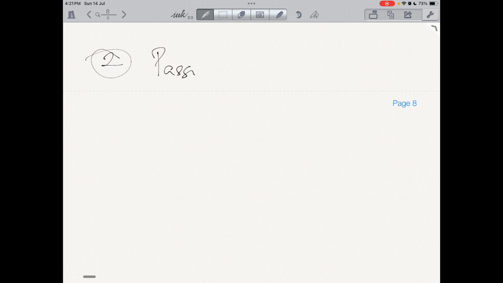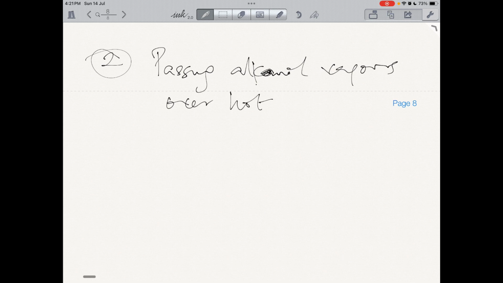Another way of obtaining ether, number two, is by passing alcohol, or let me use the word alkanol, vapors over hot activated Al2O3 at 250 degrees Celsius.